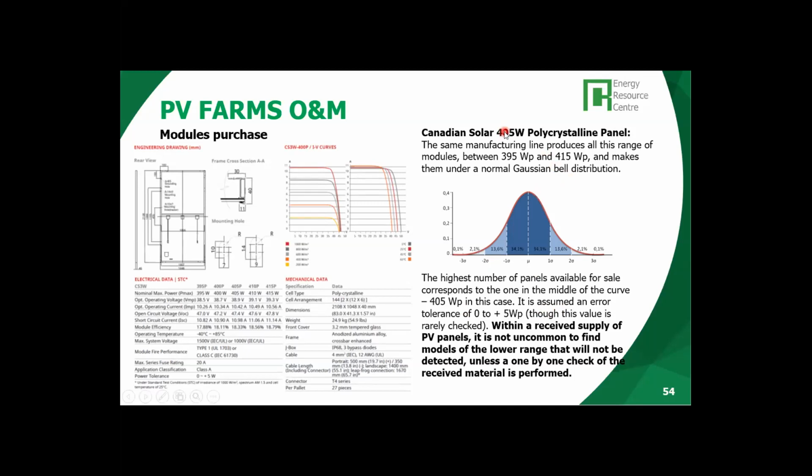If we take, for instance, a PV panel that is rated at 405 watt peak, the effective wattage of all the panels coming out of that particular line for that particular model is between 395 and 415 watt peak.